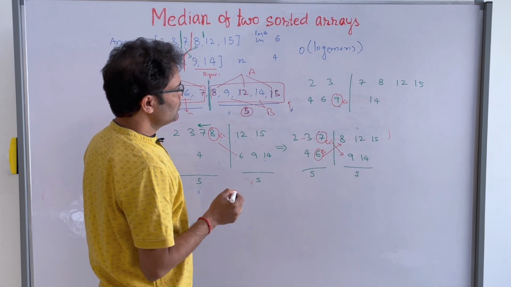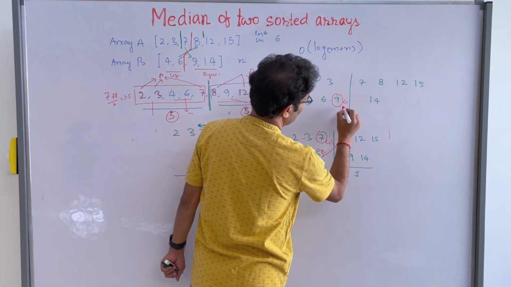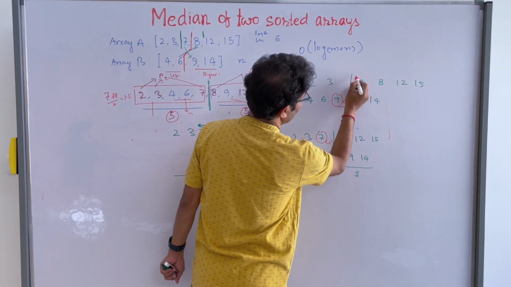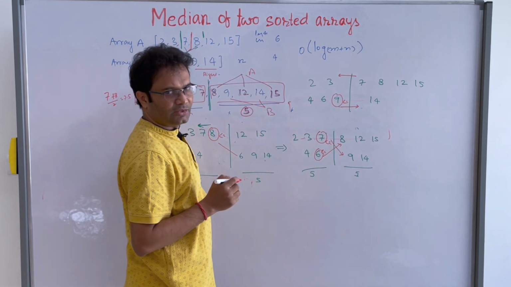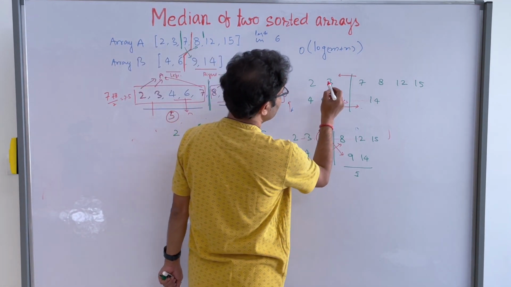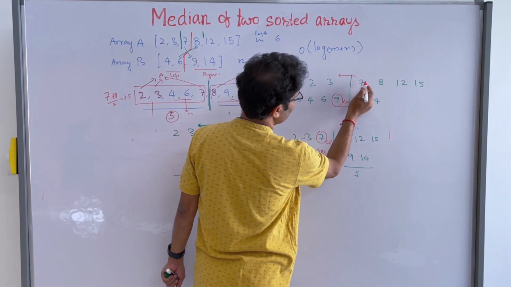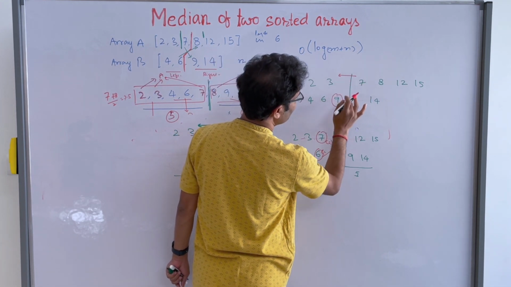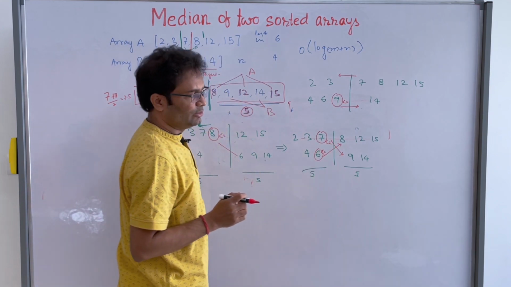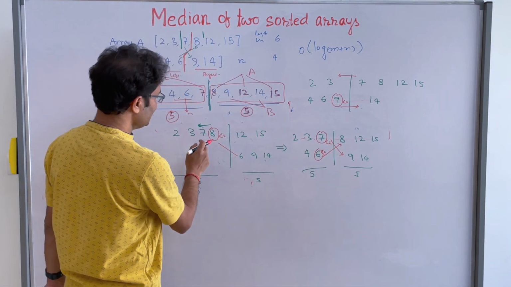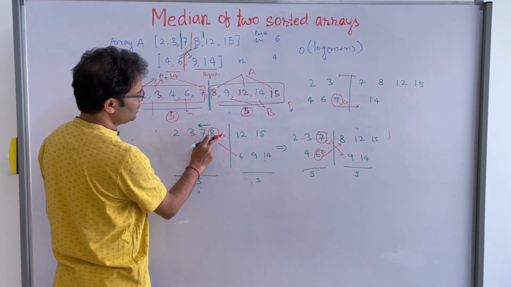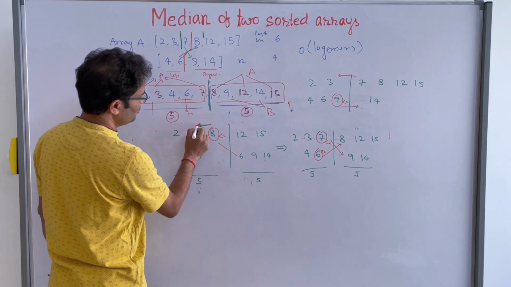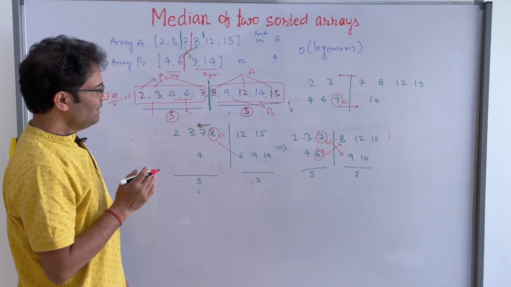So what will you do? You have to move this number, so automatically this number should come here. Otherwise, if you want to move this number to this side, then 7 will come here and 9 will go there, and your adjustment would be right. So in this case, it was the maximum, so you can move your pointer to the left side.